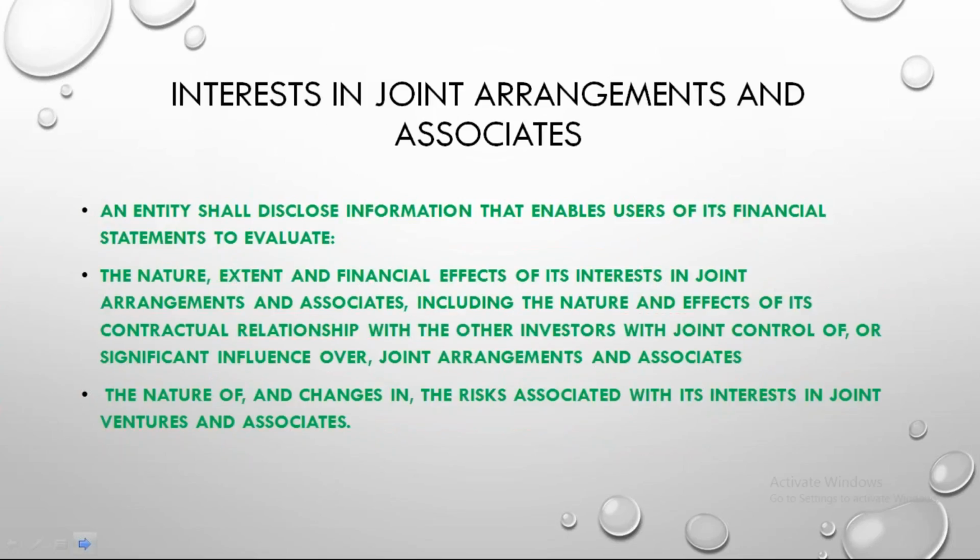So, interests in joint arrangements and associates: an entity shall disclose information that enables users of its financial statements to evaluate the nature and extent and financial effects of its interest in joint arrangements and associates, including the nature and effect of its contractual relationship with other investors with joint control or significant influence over joint arrangements and associates. So these are all disclosures in joint arrangements and associates.